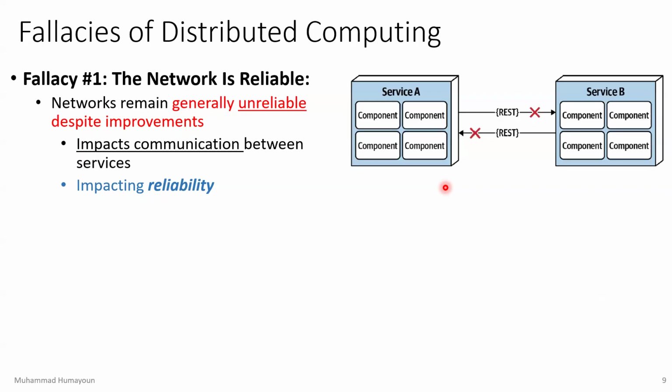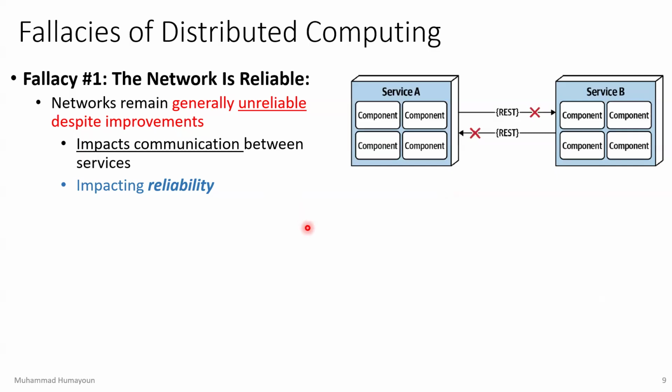But sorry for that, you may have seen that once in a while, when the network is down or some attack happens, a lot of things start to break down. Like maybe you go to a store, you try to tap your card, and their service is down, and it shows this fallacy that the network is reliable. Yeah, most of the time it is reliable, but it is not 100%. So we can say that networks remain generally unreliable despite improvements.